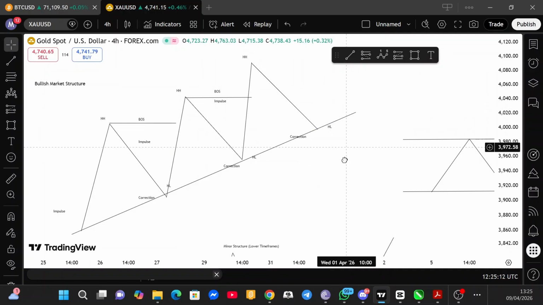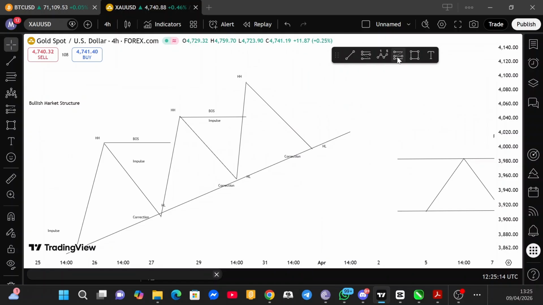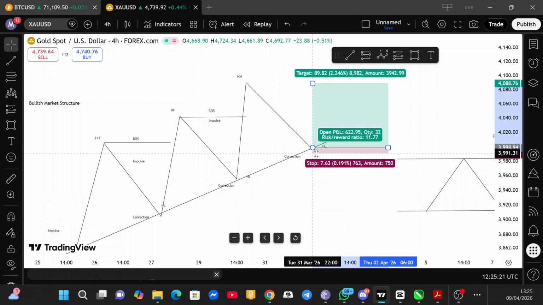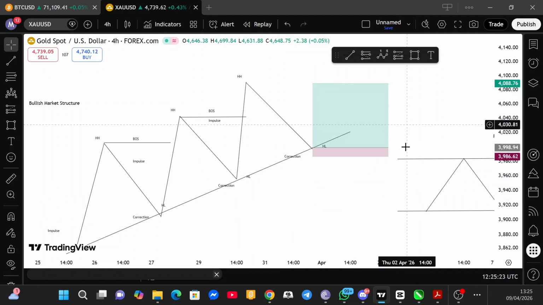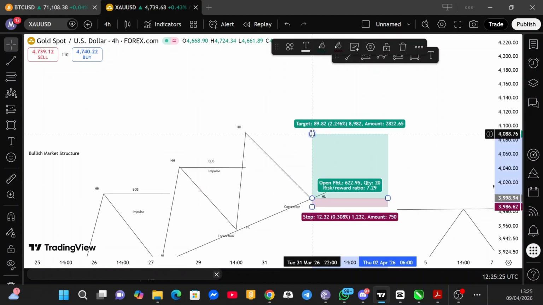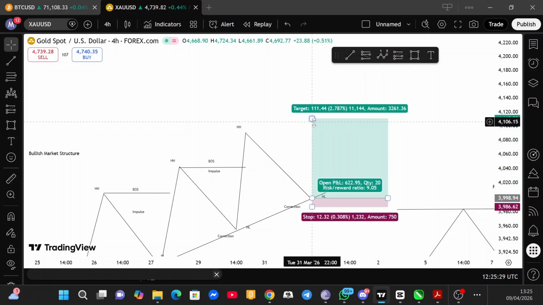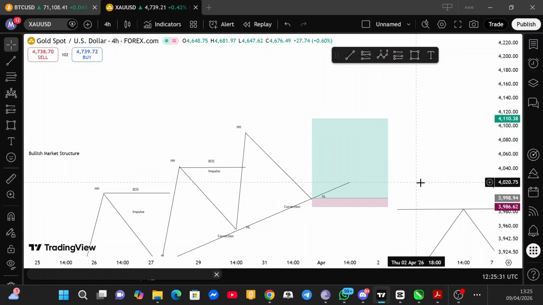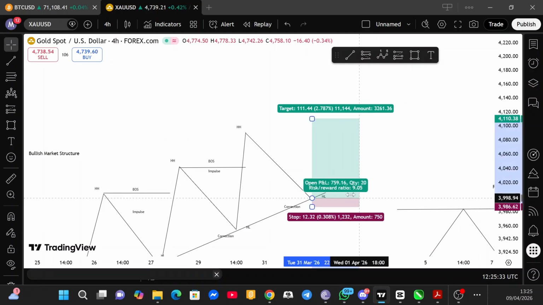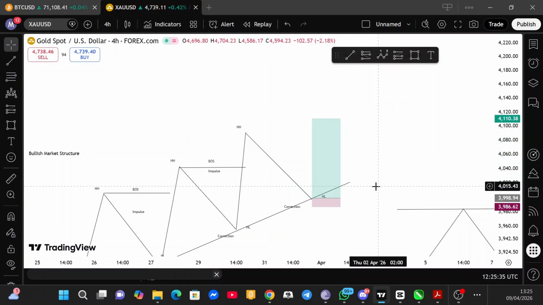I entered for a long position around here, put my stop loss around this place, and targeted above the previous high, and interestingly that trade went straight to take profit.